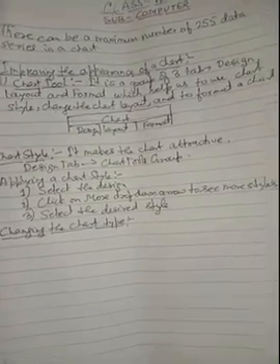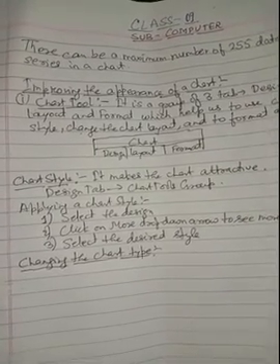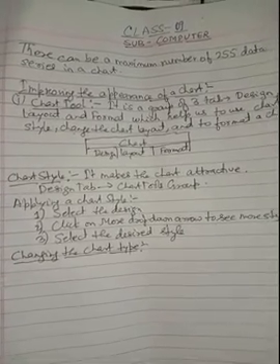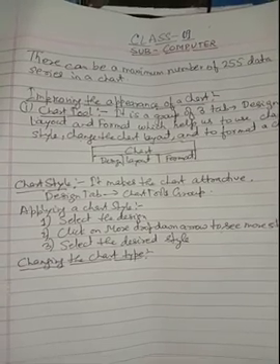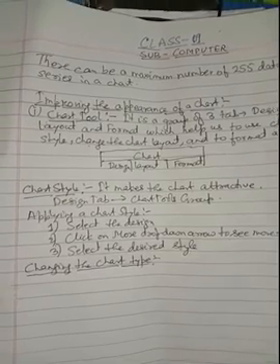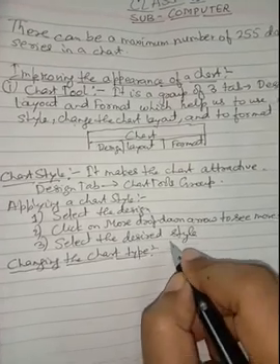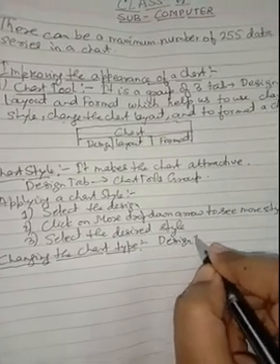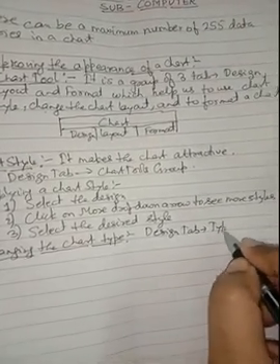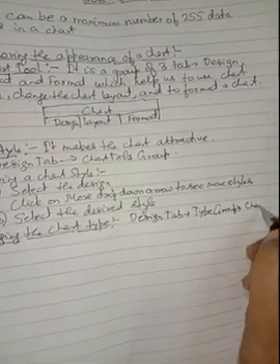Now suppose you have made a chart in the column type and you want to change it to a pie chart or a doughnut chart or any other type of chart. Here we have the option of changing the chart type. For this, we have to click on the design tab, and from the design tab click on the type group, and from the type group click on change chart type.